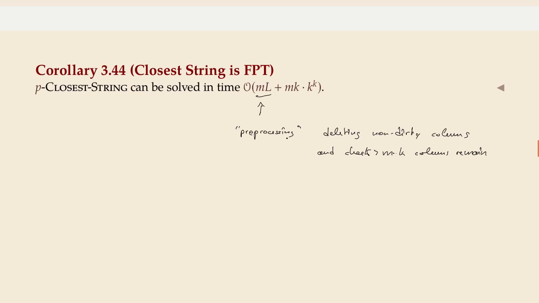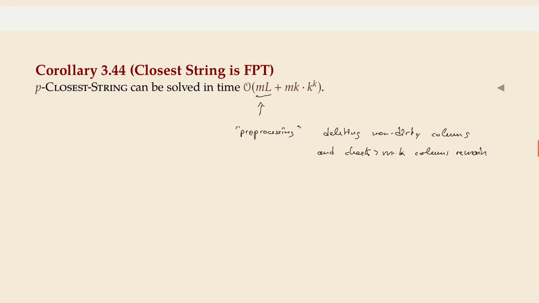I wrote this in quotation marks because the kernelization that we talked about a few sessions ago is the theory of preprocessing in a sense. It's a formalization of what is a good preprocessing. Now in a sense, these steps are reducing the problem to a kernel, but it's not a kernelization in the definition of the theory because its size is not bounded by a function of the parameter.